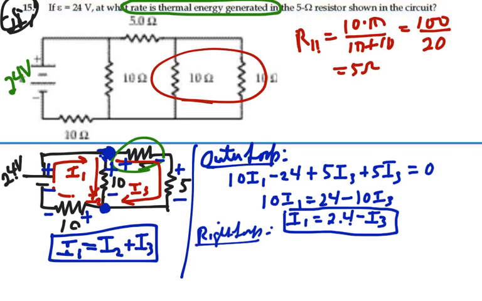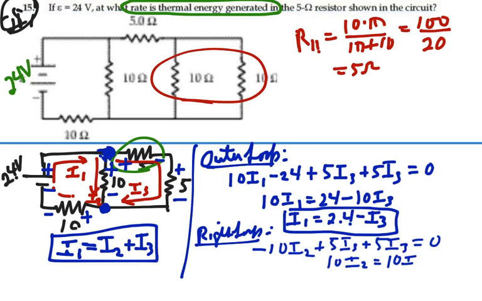Now I want to do the right loop as well. If I do that, I would have negative 10 I2 plus 5 I3 plus 5 I3 equals 0. In other words, 10 I2 equals 10 I3, or I2 is equal to I3.